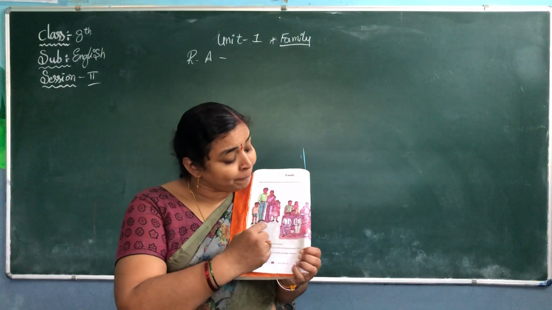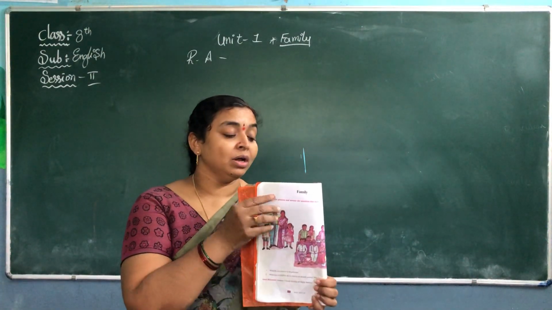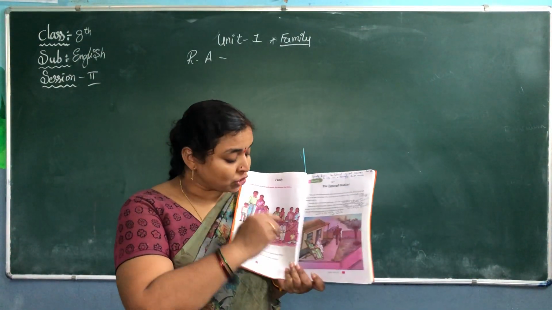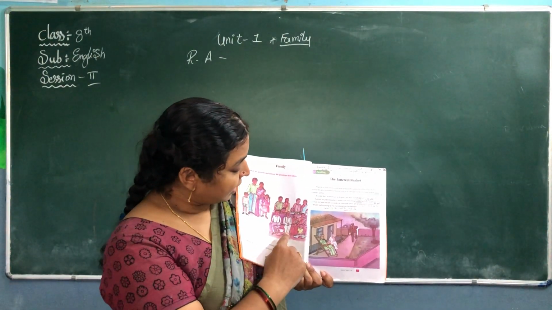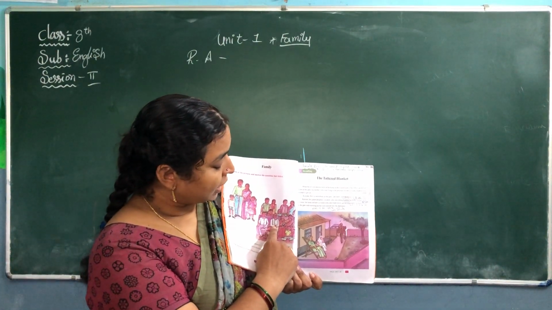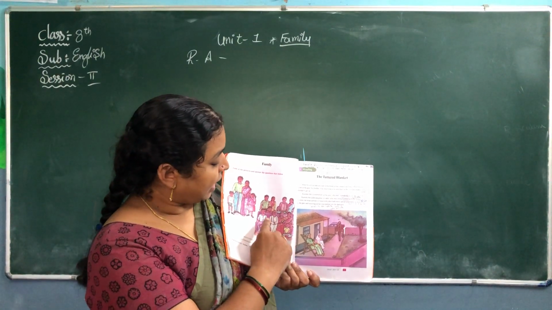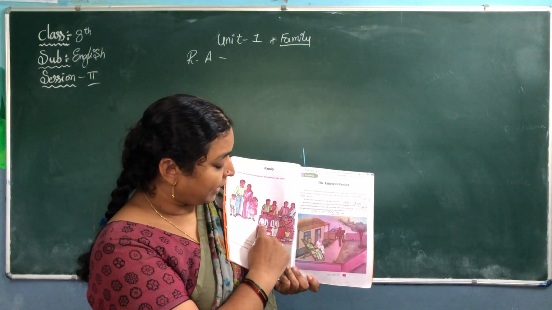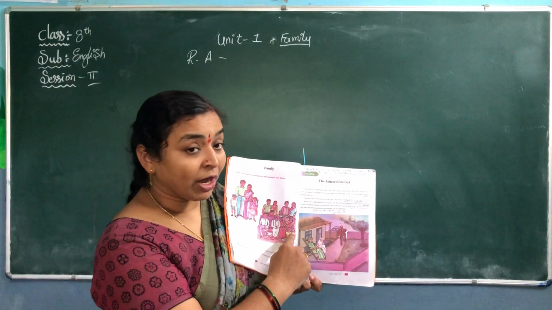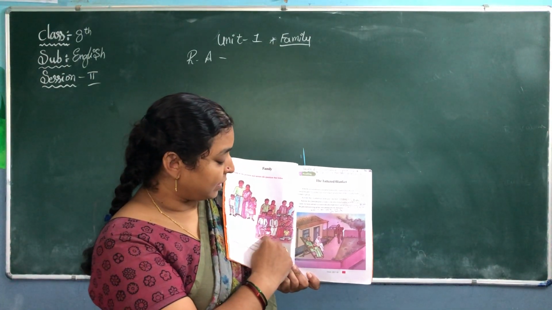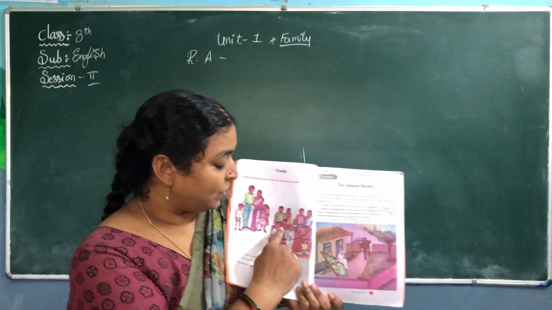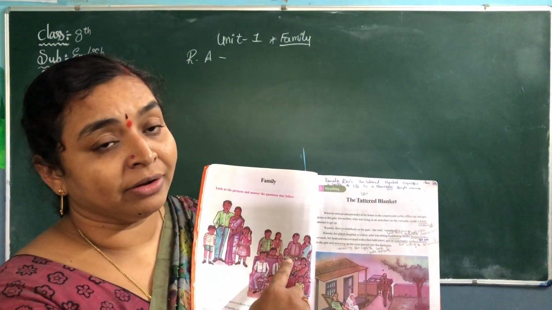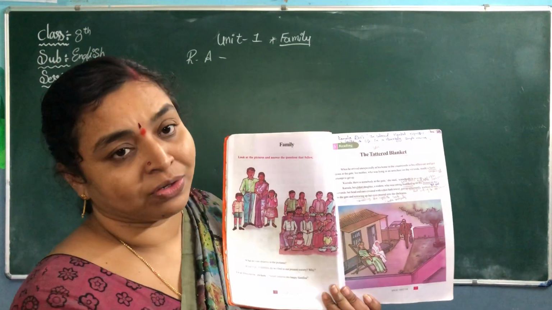But if you observe another picture, what can you see? Grandfather, grandmother, and his first son, and first son's wife, 2 children, second son, his wife and children, third son, his wife and children.